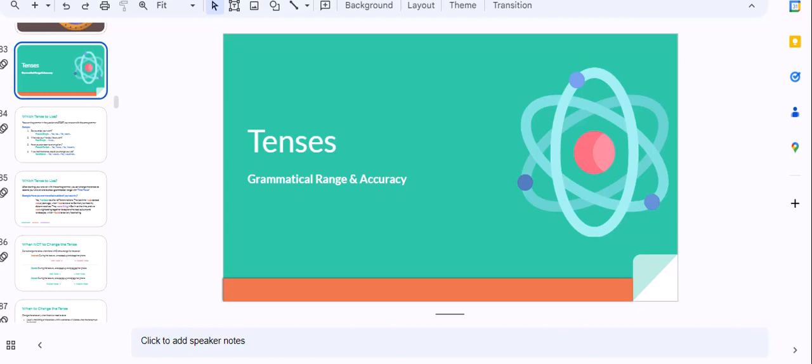All right, and that's why I mentioned at the first that this grammar series is related to speaking, not to writing, because we're going to take the present simple and the present continuous together and learn them together, and also the past simple and the present perfect.